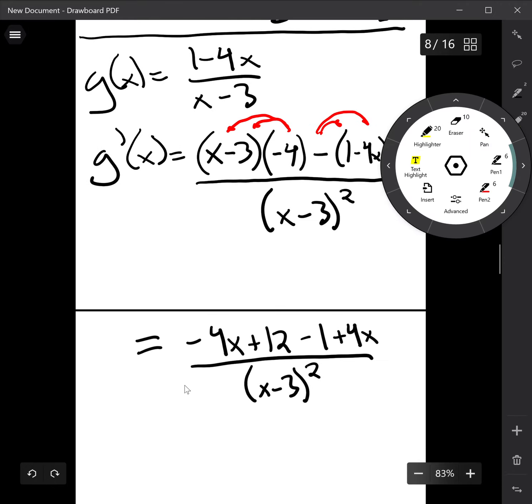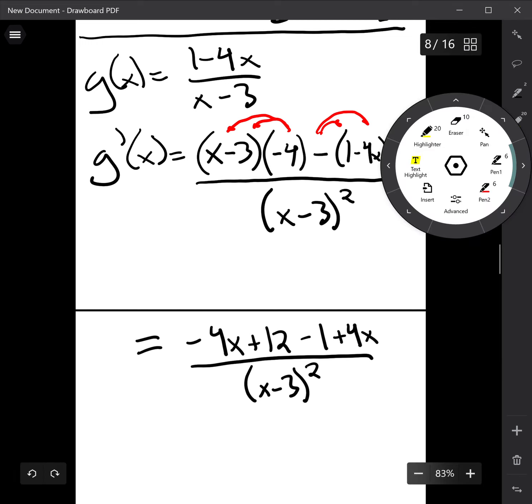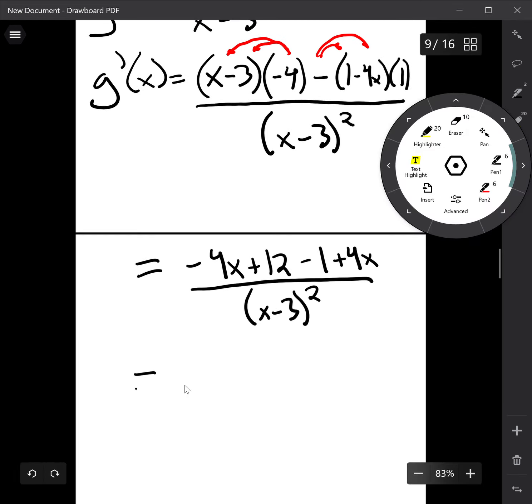The reason I'm not squaring out the denominator is because the next step, notice these 4x's cancel. Therefore, the top of the fraction ends up just being 12 minus 1, or 11, all over (x minus 3) squared.